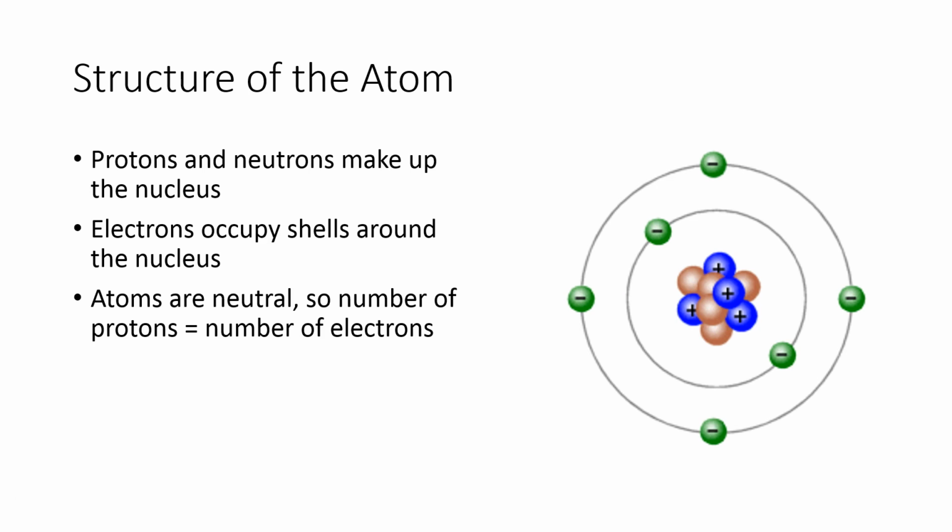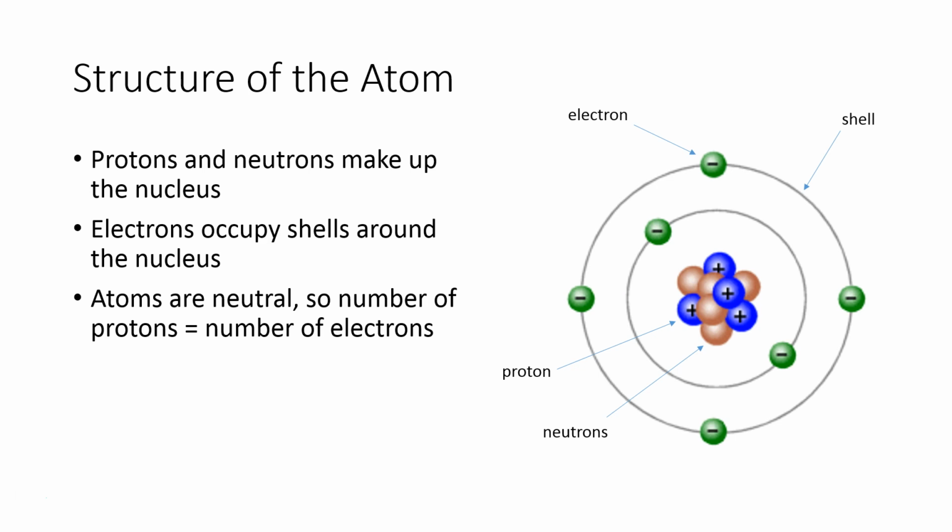Now, atoms must be neutral. That's a rule. Because protons have a charge of +1 and electrons have a charge of -1, that means that to make an atom neutral, the number of protons must be equal to the number of electrons.